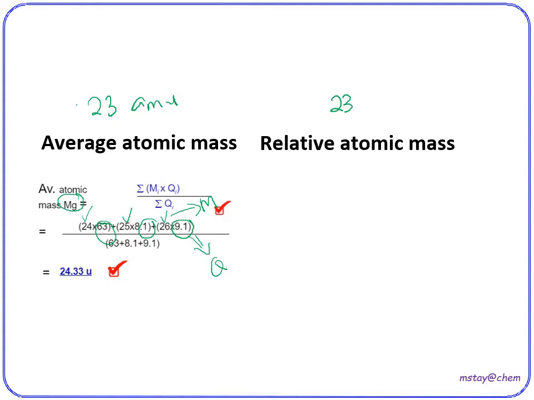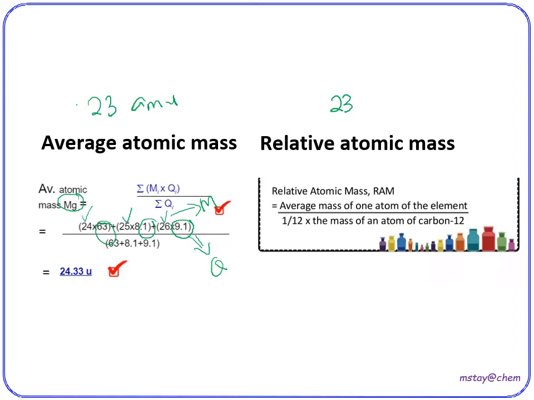If the question asks us to look for the relative atomic mass, in the calculation we have to do one more step. This is the formula by which the unit AMU can be cancelled out. They mention the average atomic mass of one atom of the element divided by 1 over 12 of the mass of an atom of carbon 12. The mass of one atom of carbon 12 is 12 AMU.